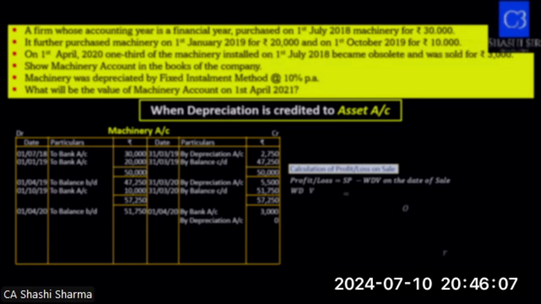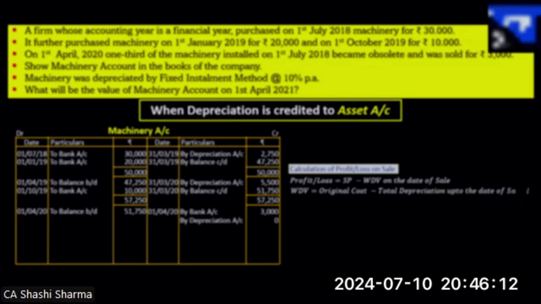And the second formula: WDV, written down value, equals original cost minus total depreciation up to the date of sale. Actually, these two formulas are not used in the order mentioned. First of all, we have to calculate the WDV. Thereafter, the first formula will be used.